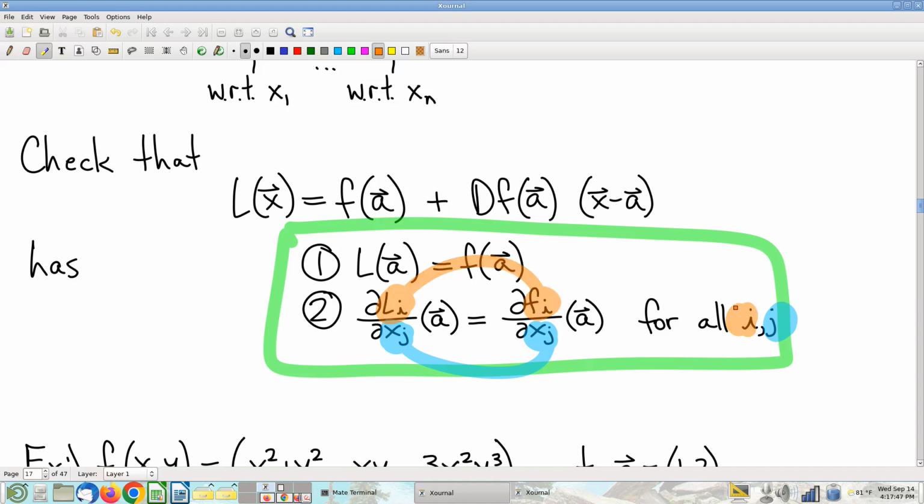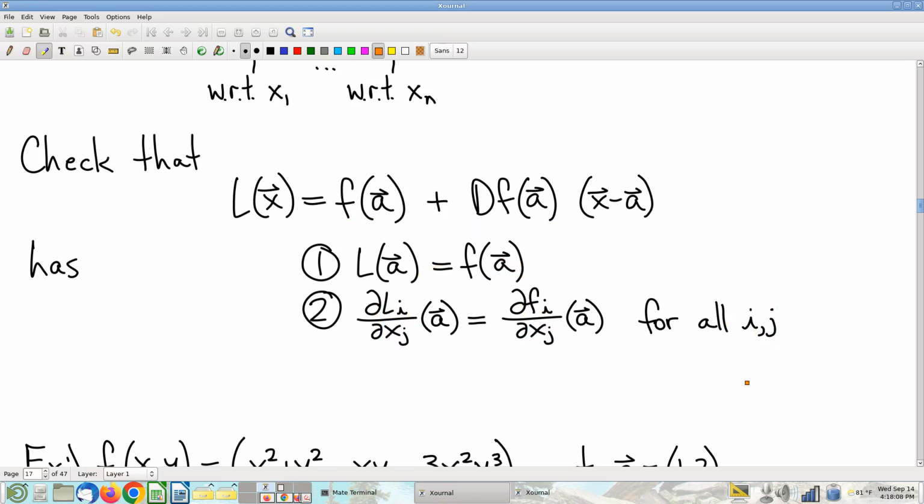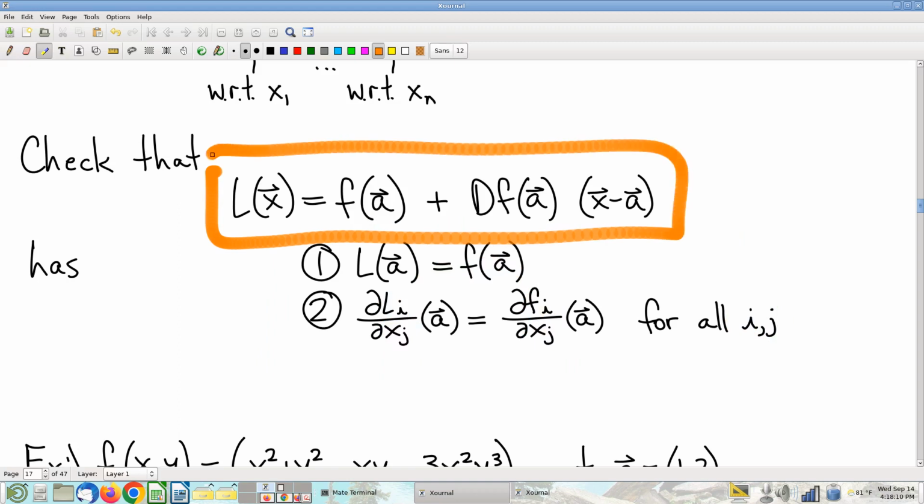I've got various output coordinates that I could take partials of with respect to all the various input variables, and I want all of them to be equal. If we want to say that L mimics F, then I want it to mimic F in every possible first order sense. So there's the requirements, and I claim this is the function that does it.